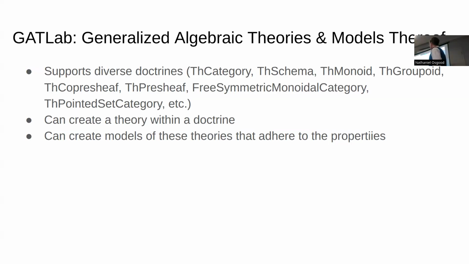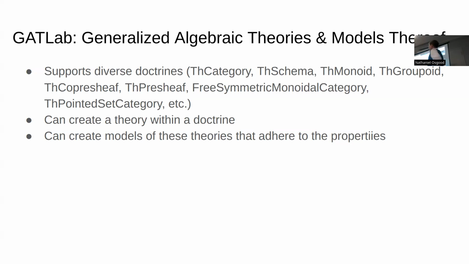GATlab here supports a variety of doctrines, some of which you'll see featured within this session, like theory of schema. But it also offers theory of presheaf, theory of category, pre-symmetric monoidal categories, pointed set categories, etc.